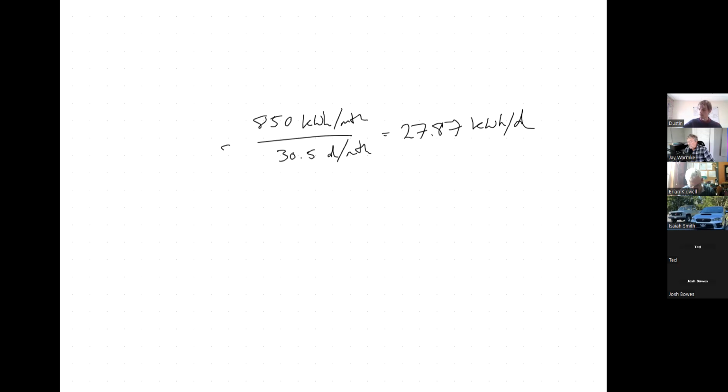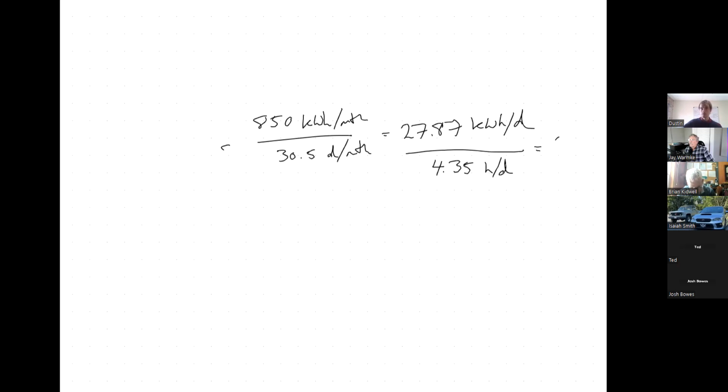Well, we just looked at PVWatts and found that the hours of insolation per day is 4.35 hours per day. So what is 27.87 divided by 4.35? 6.41. 6.41?